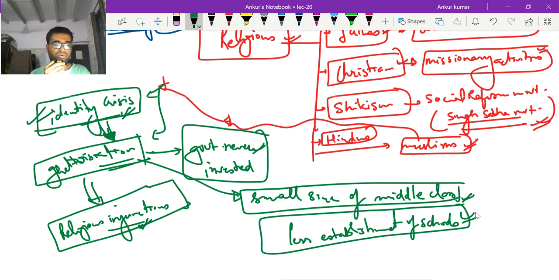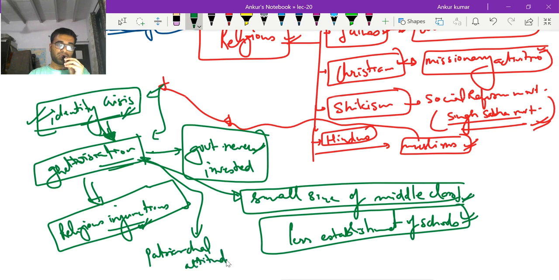Particularly, for example, AMU and BHU were established in the pre-independence period. And then again the big problem of India for every community: this patriarchal attitude that males are everything and they will only take the decision, women cannot take the decision, they are secondary citizens.